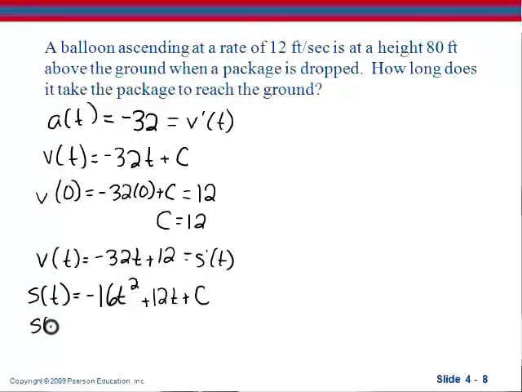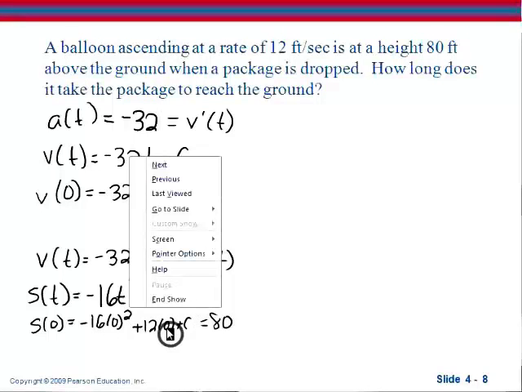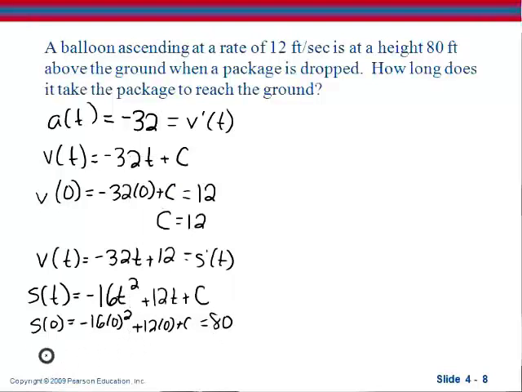That's where we're going to start. So at time 0, our position function, if I plug in zeros, will be 80. Now since this is 0 and this is 0, c is going to be 80. Okay, so s of t will be negative 16t squared plus 12t plus 80. So that gives us our position function.